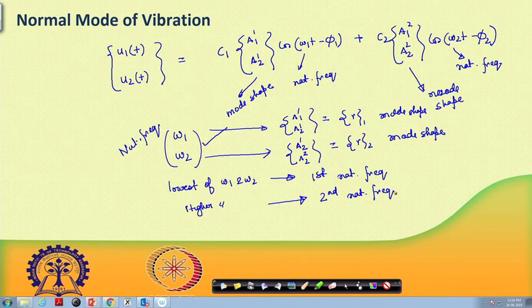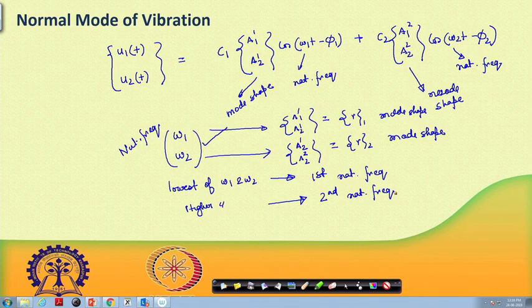We have seen that the arbitrary response of a 2 degree of freedom system under any given initial condition is going to be a combination of sinusoidal functions with the frequencies omega 1 and omega 2, which are called the natural frequencies. We know how to find out the natural frequency. We find it by equating the determinant of (k minus omega square m) equal to 0. For each natural frequency, we can find out the mode shape of the system.